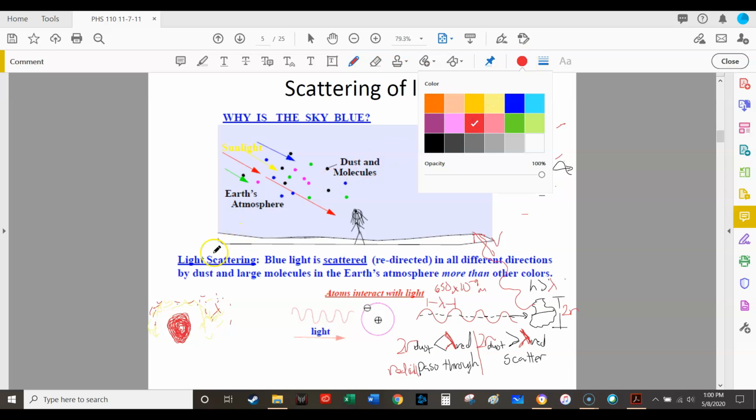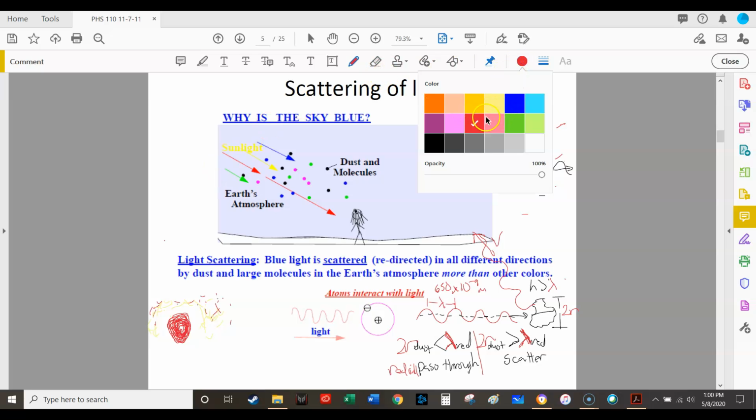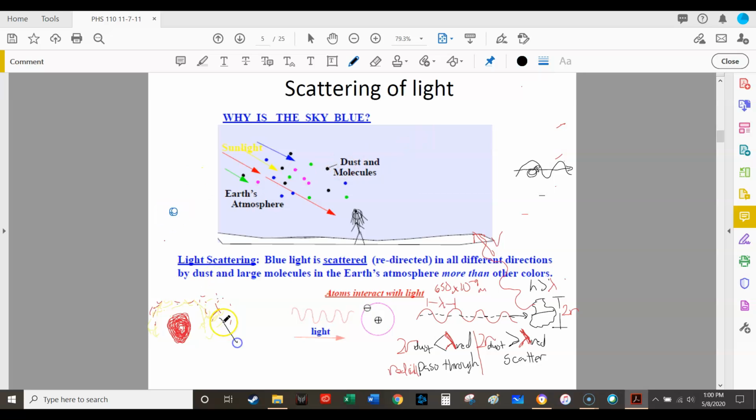So basically the overall color of the sky is the scattered color.